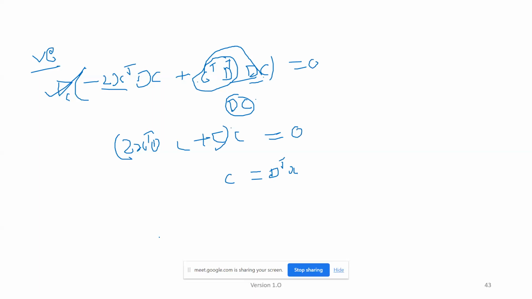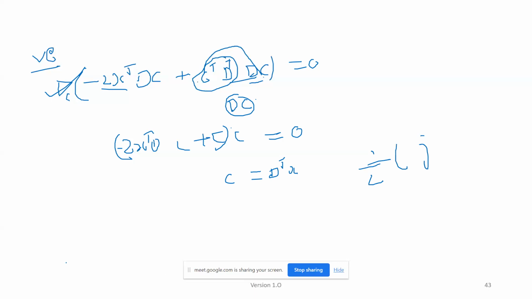Why are we getting D transpose of X? Whatever terms are on the left side are multiplied and go to the denominator, so 1 by 2 x transpose and C. The denominator term is considered with a minus value.